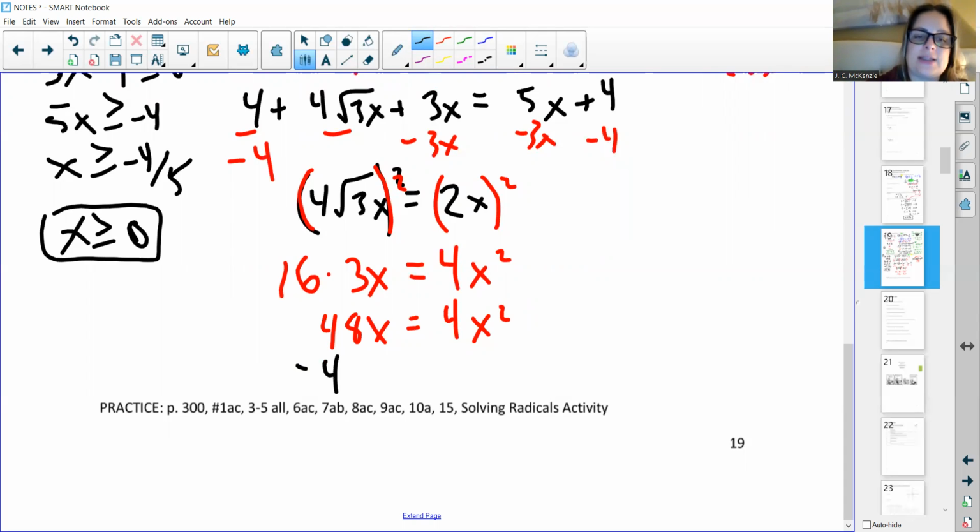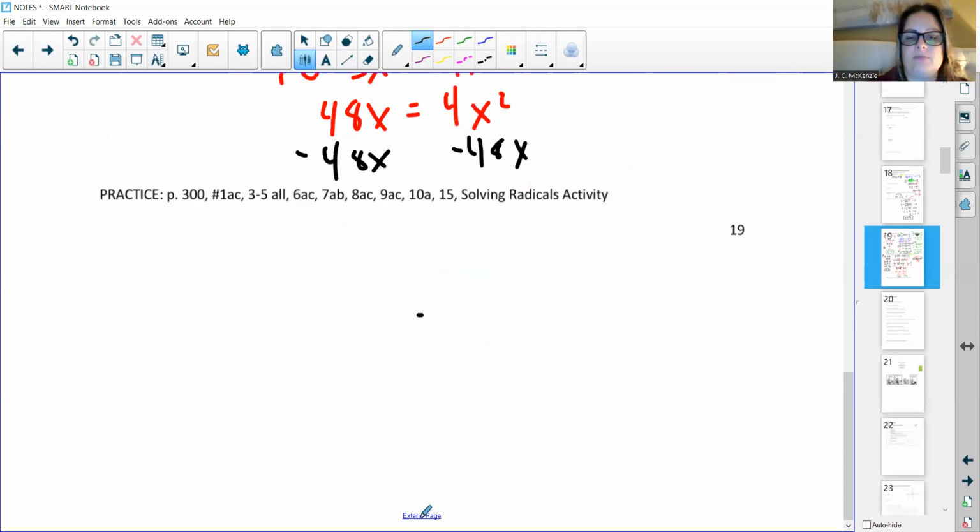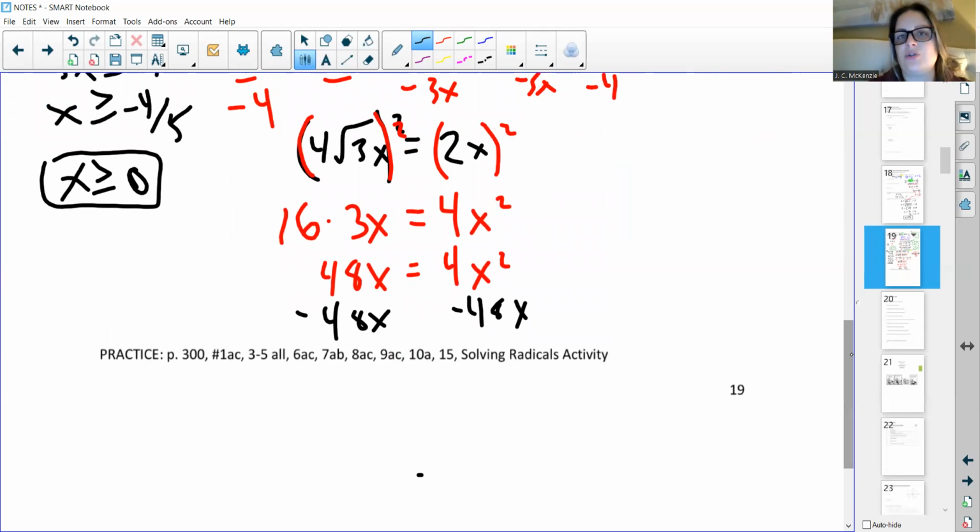I'm going to make one side equal to 0 because that is the main strategy for 3 of the 4 types. And I already know that I have 2 terms, one with an x squared and one with an x, so I'm not going to use the square root principle. So I got 0 equals 4x squared minus 48x.